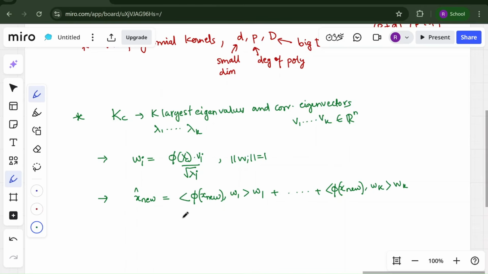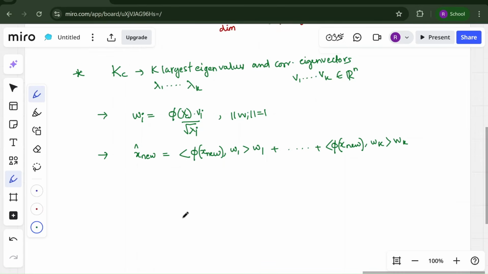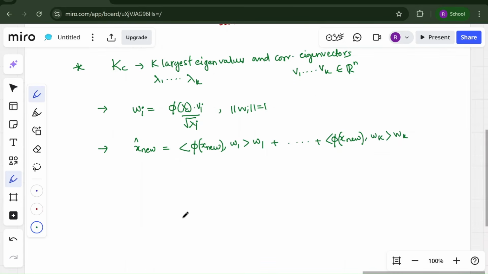So this is the projection, or the reconstruction, or the representation of the new data point. But still we don't know phi. How are we going to compute this?